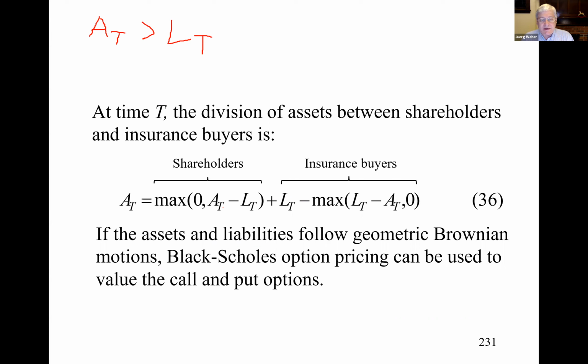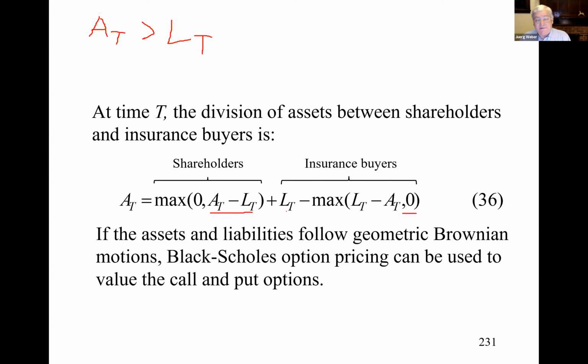When assets are bigger than liabilities, in this call option that's a positive number, so AT minus LT applies, and not the zero. In the put option, we have a negative figure, since assets are bigger than liabilities, but we look for the maximum, so the zero applies.